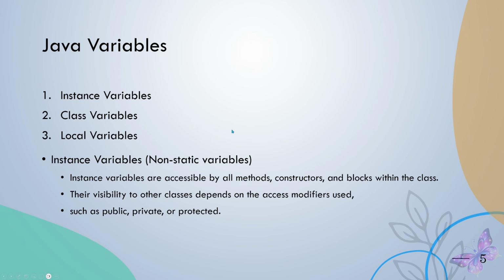Now about Java variables. There are three kinds of variables: instance variables, class variables, and local variables. Instance variables are also called non-static variables. They are accessible by all methods, constructors and blocks within the class.